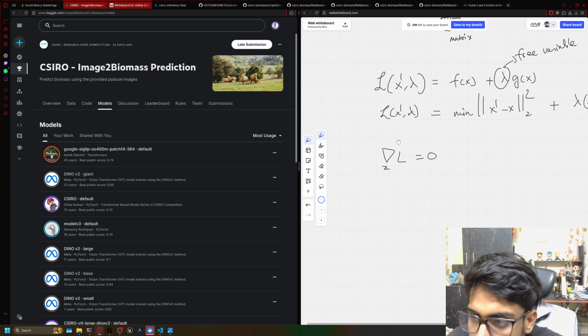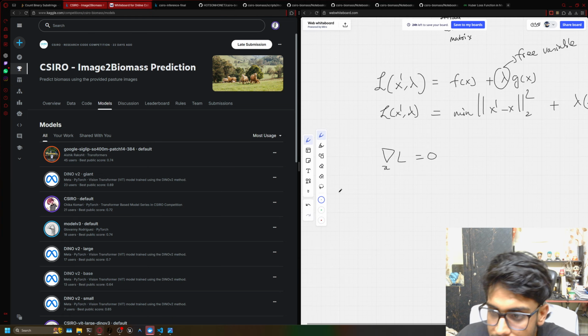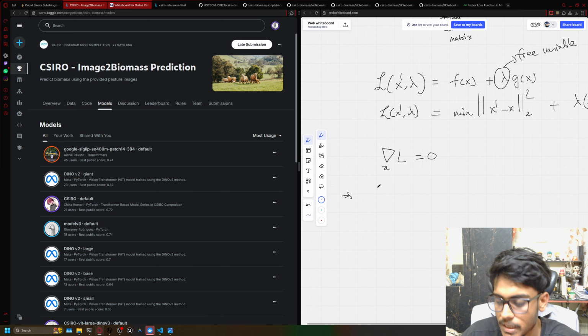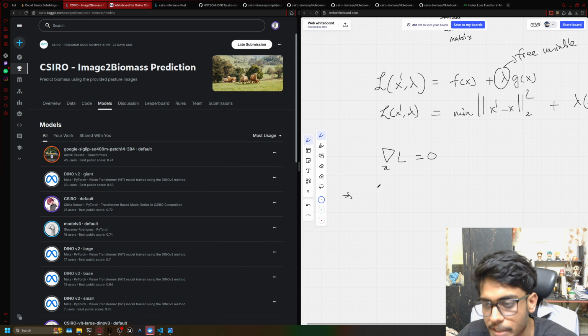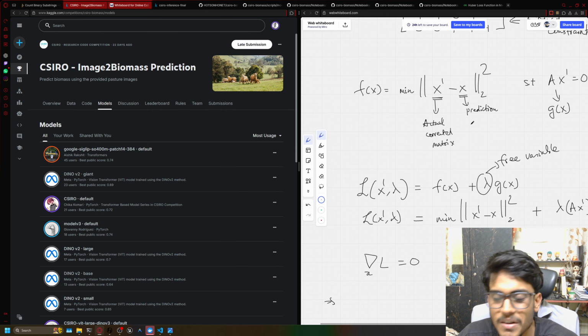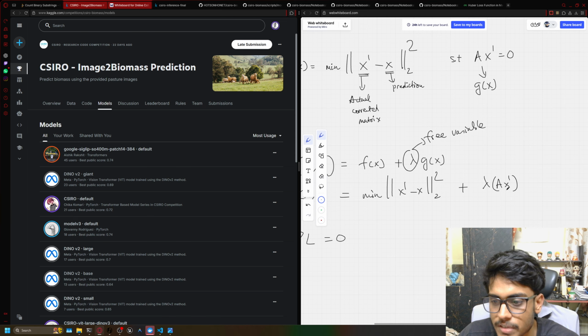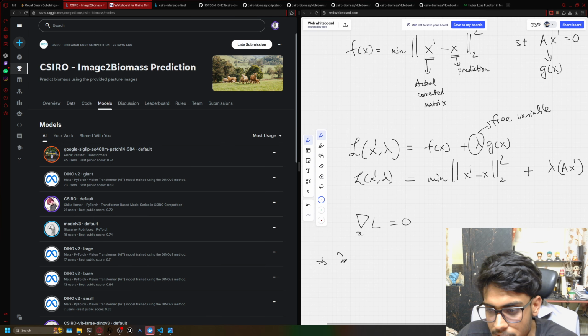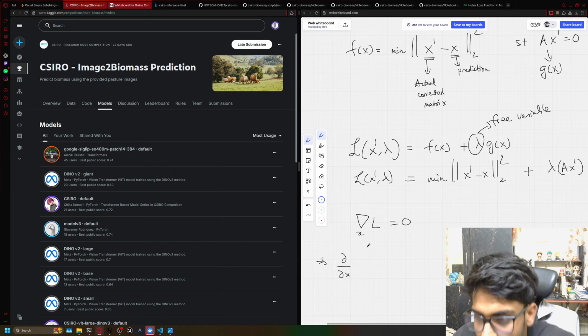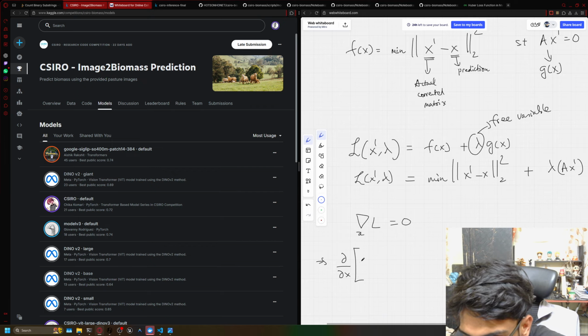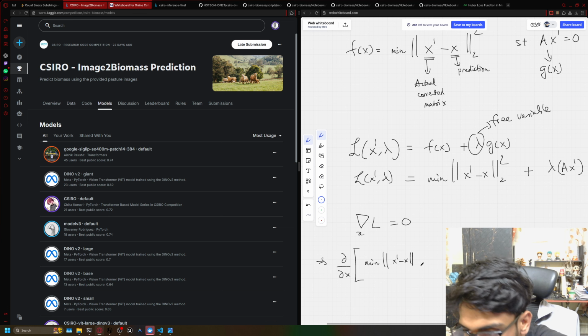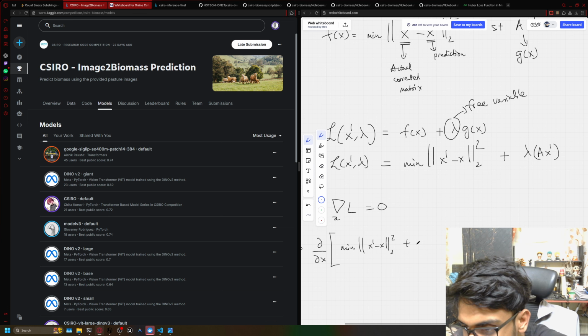If I do the differentiation here, one thing to remember is that all these are matrices, not scalar values, but this is a scalar function. So when I'm taking this gradient with respect to x, del of del x, this is a scalar. That means minimum of the L2 norm of x prime minus x, plus lambda A x prime, should be 0.